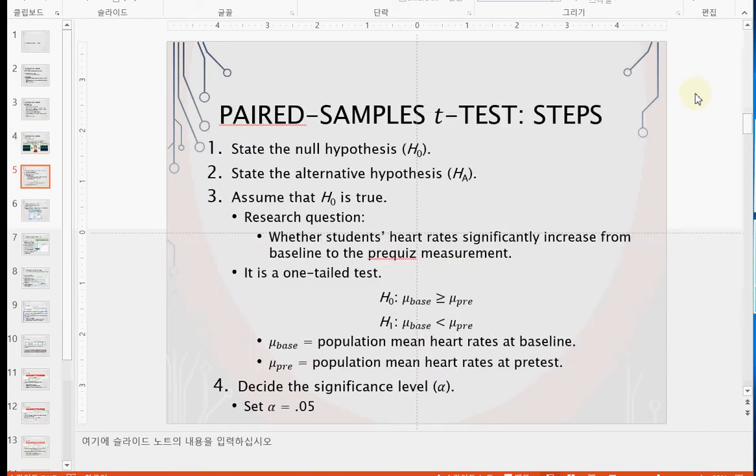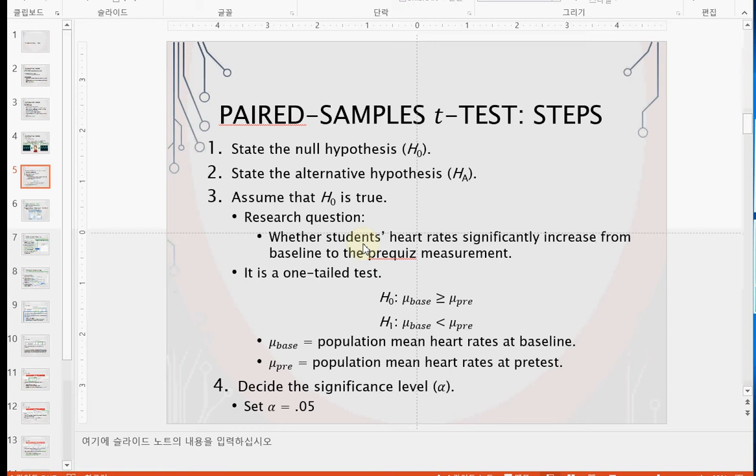To answer the research question, the first thing is to state the hypothesis. Recall our research question. We expect to see the pre-quiz heart rate would increase, or be greater than the baseline. That's our interest, which should go with the alternative hypothesis.